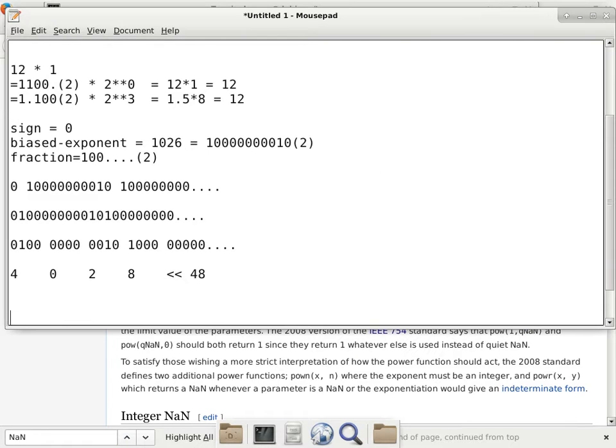Okay, so let's do this. 6.8 times 10 to the power of 20 is approximately 6.8 times 10 to the power of 2 first, because I want to only deal with groups of 3, and there are 6 of those. And then it's times 2 to the power of 10, and how many of those do we have?